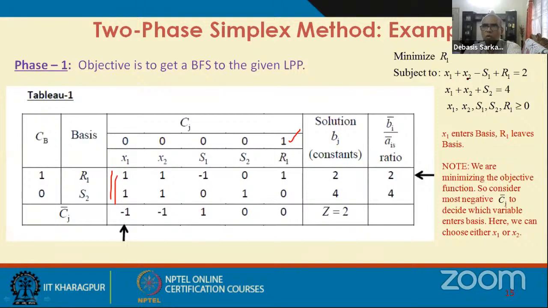See 1, 1, minus 1, then 0 for s2 and 1. Similarly, 1, 1, 1, 0 for s1, and then 1 for s2 and 0 for r1. You can also write like this here, x1 plus x2 minus s1 plus 0 into s2 plus r1. This will become easier. Otherwise, you understand that this is how you have to write.